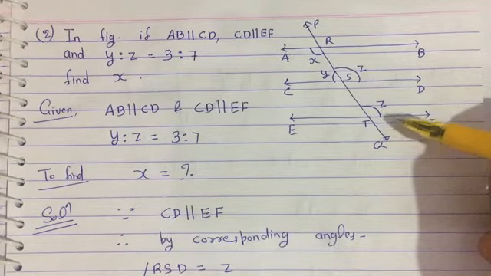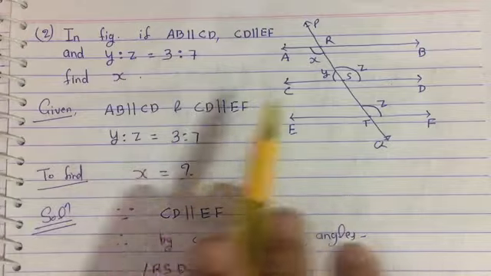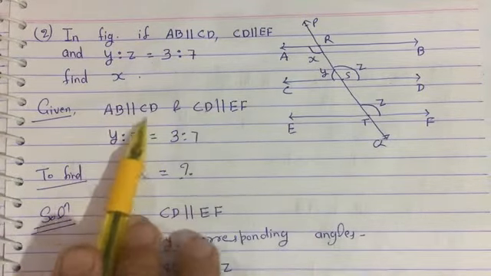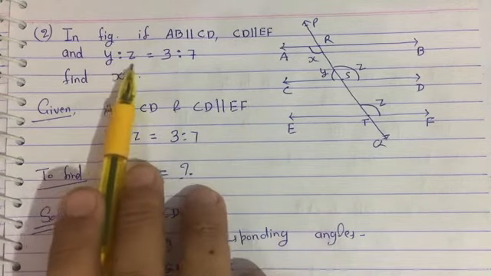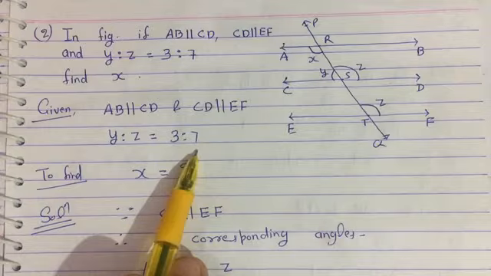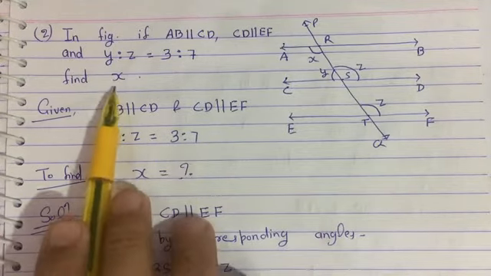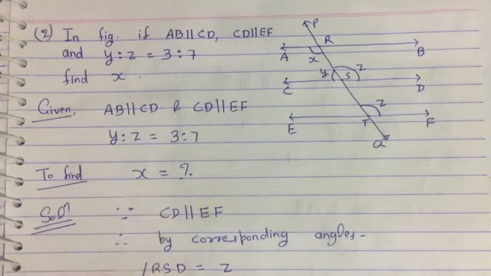Now, first of all, write down all the given things. Given that AB is parallel to CD, CD is parallel to EF, and y ratio z is equal to 3:7. And what you have to find? You have to find the value of x. This is not a very tough question, but I am giving you the solution just because maybe you are capable or not of solving the question.